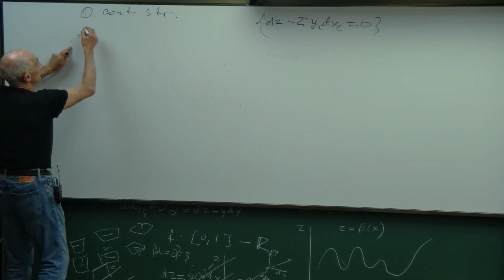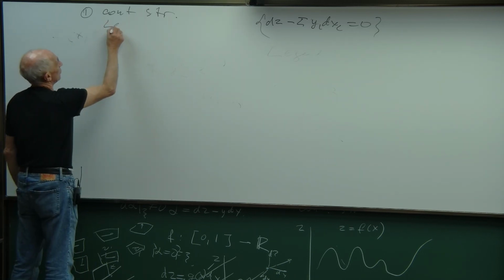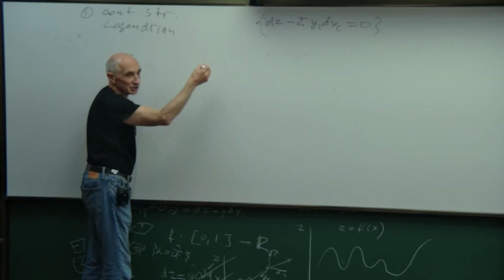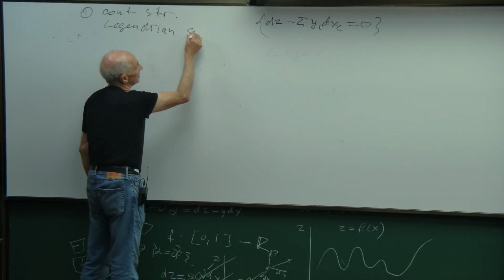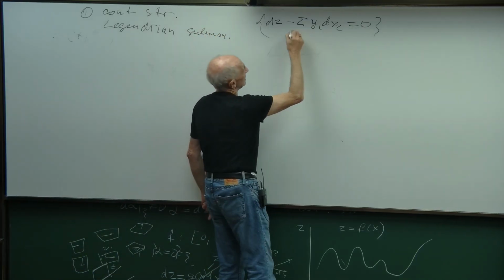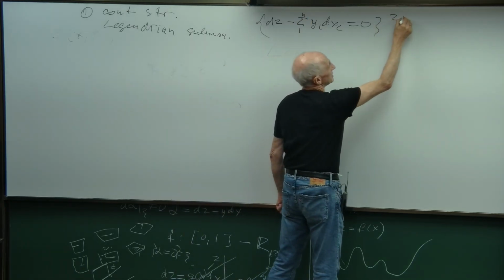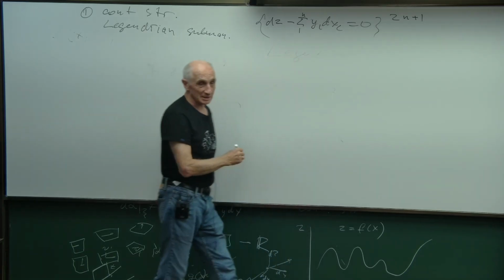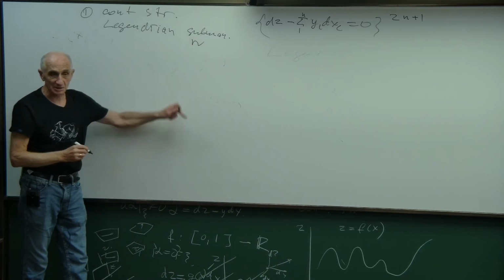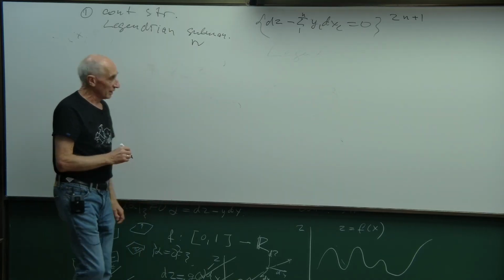And then you have surfaces tangent to this, and these are called Legendrian curves or Legendrian surfaces or, in general, Legendrian submanifolds. If you start with a function of n variables, the space is 2n plus 1 dimensional, and a Legendrian submanifold is always n dimensional. This is the maximal possible dimension of an integral submanifold.